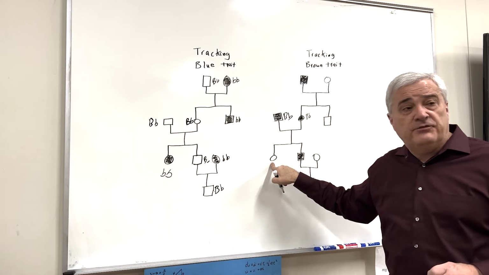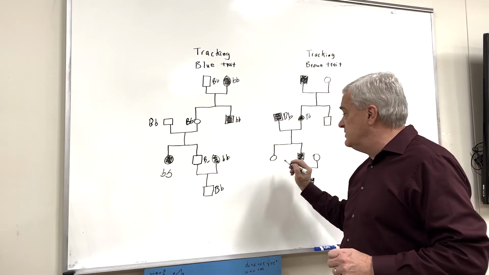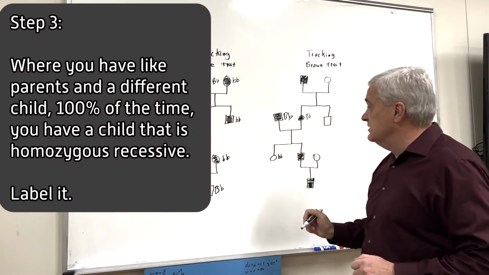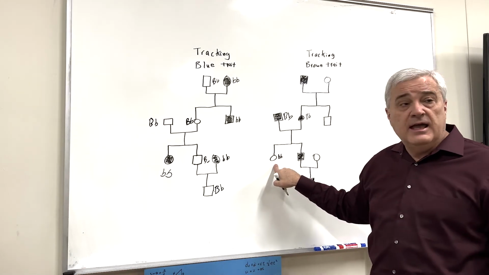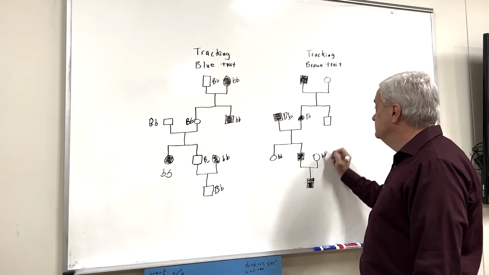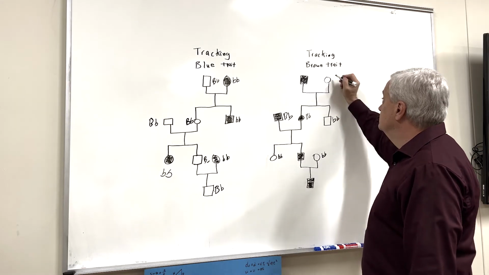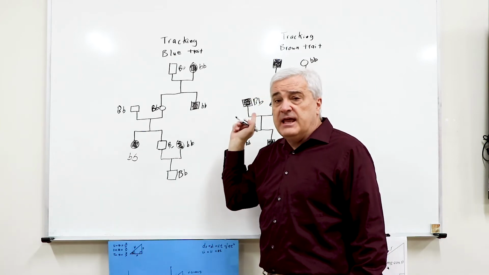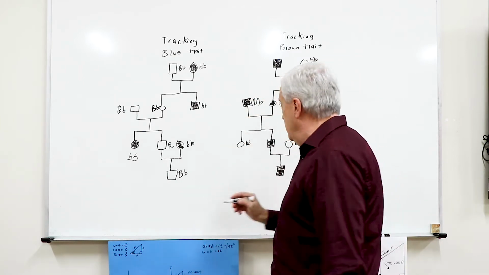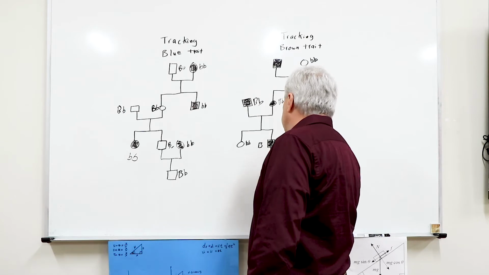And the child that's different is always double recessive. Everyone who has the same shading as the child has the double recessive. And everyone who has the same shading as the parents has at least one of the dominant, because the parents are dominant.